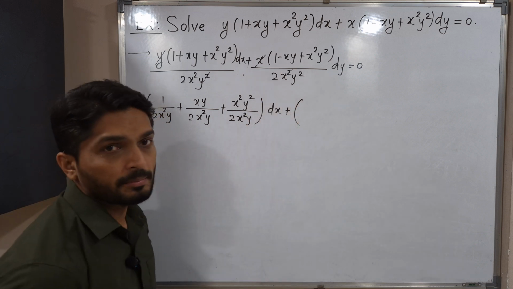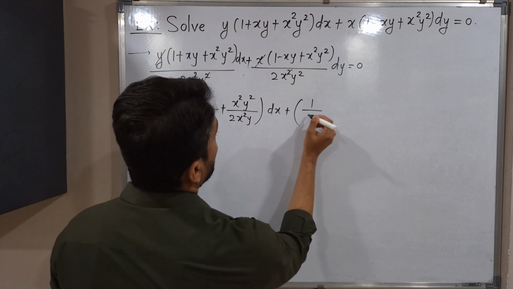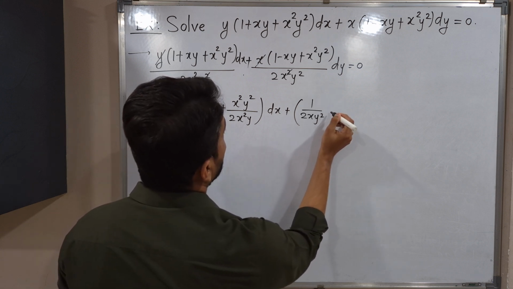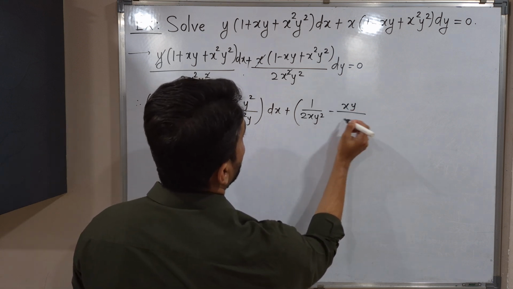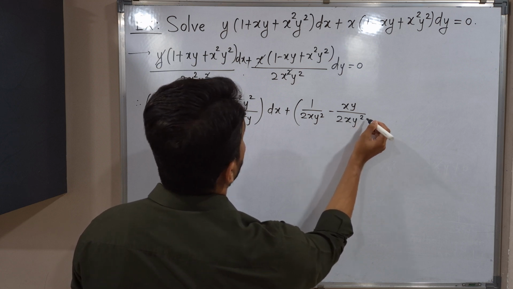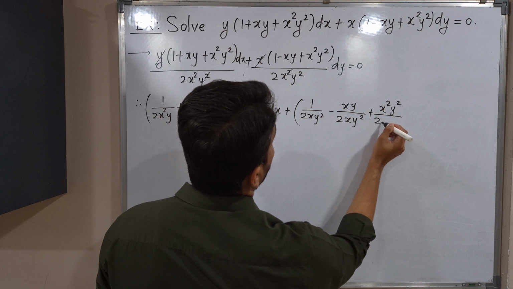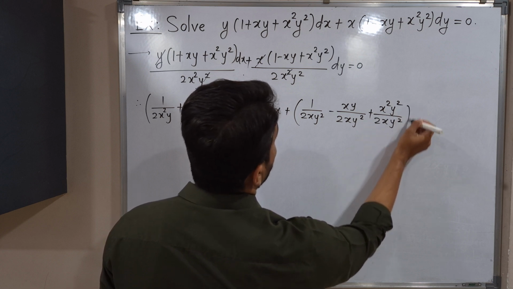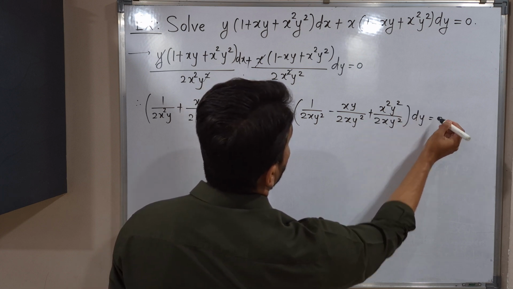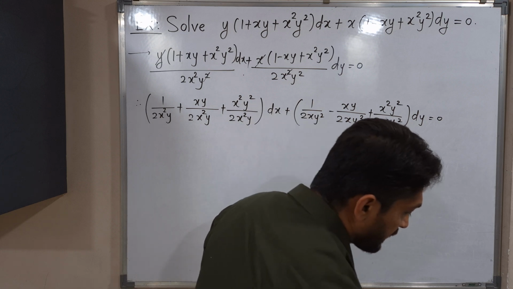Here also I will divide separately. Okay. 1 upon 2xy square minus xy upon 2xy square plus x square y square upon 2xy square dy is equal to 0. Okay, so I have divided separately.